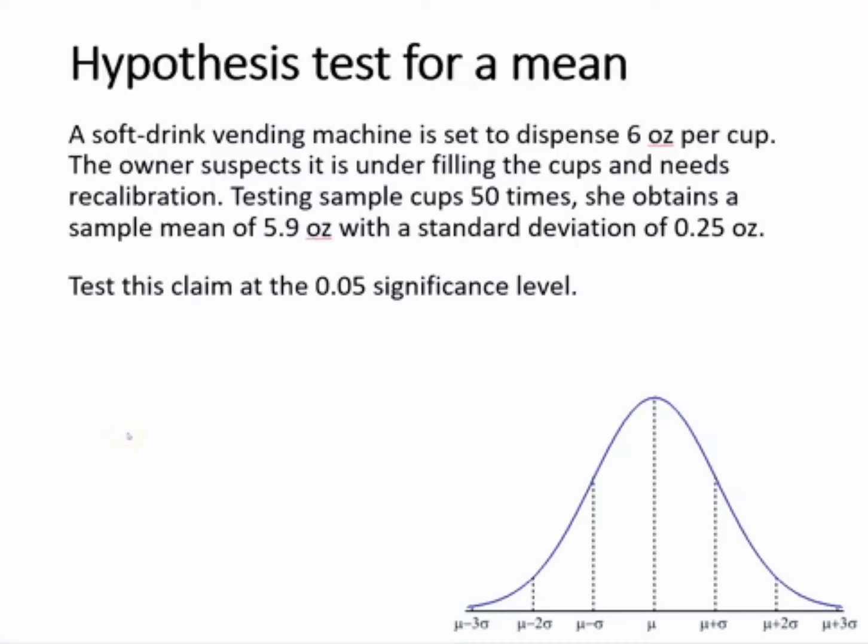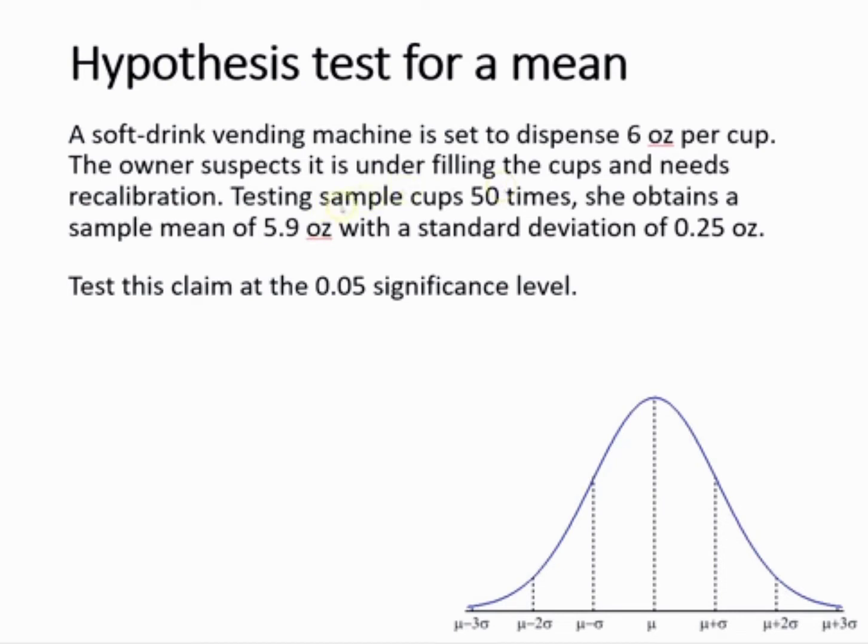In this example, we're going to look at a hypothesis test for a mean using a z-test based on a standard normal distribution. So we've got a soft drink vending machine that is supposed to be dispensing 6 ounces per cup, but we have a suspicion that it is underfilling.